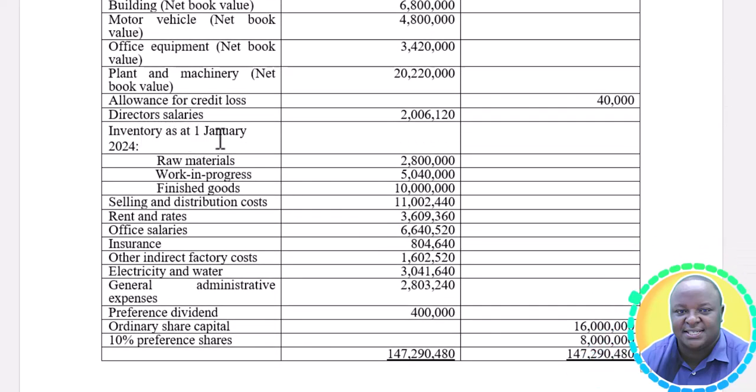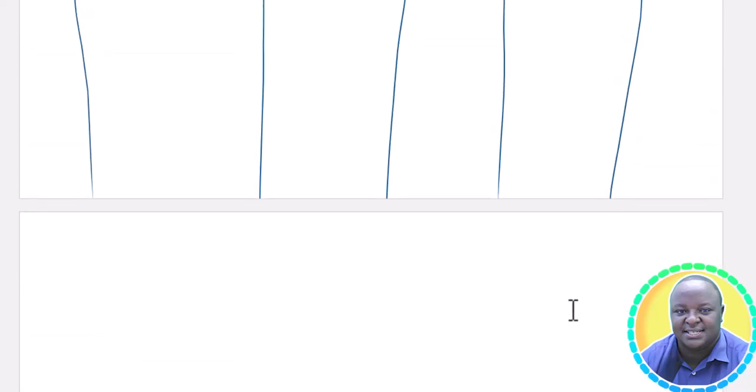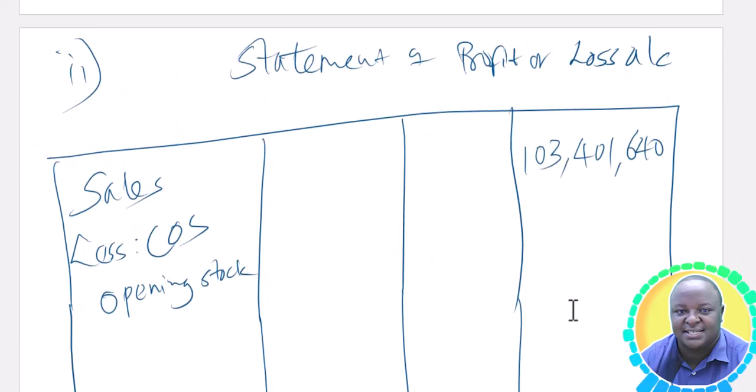First inventory, 1st January 2024, the finished goods was at 10,000. So the opening stock of the finished goods will be 10,000. So here we are going to use 10 million, sorry, not 10,000. Let's put it that, yeah. 10 million.